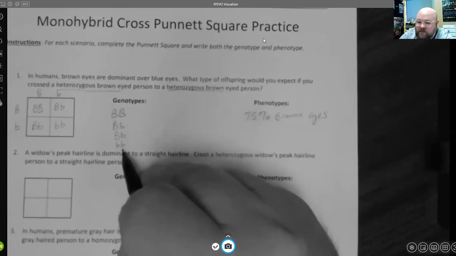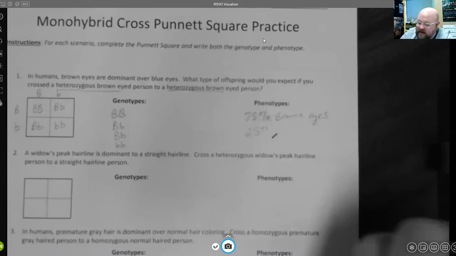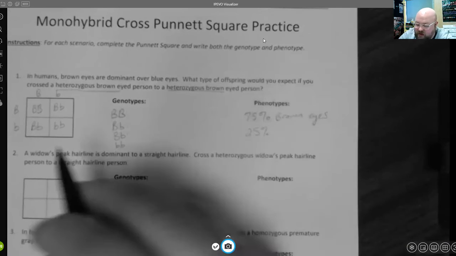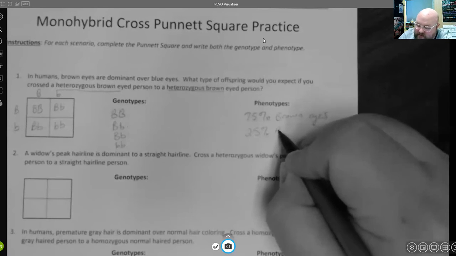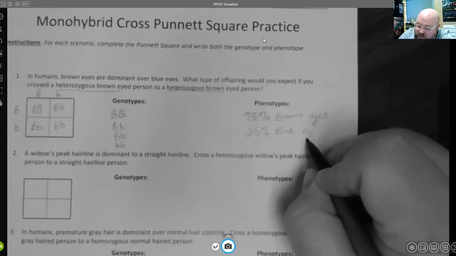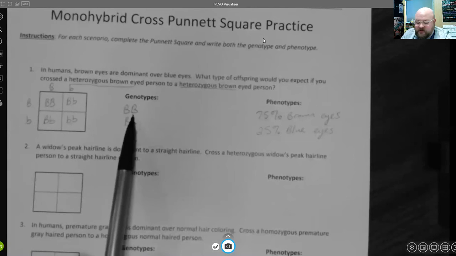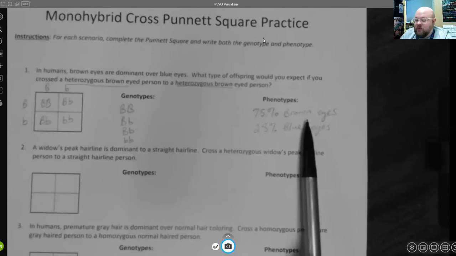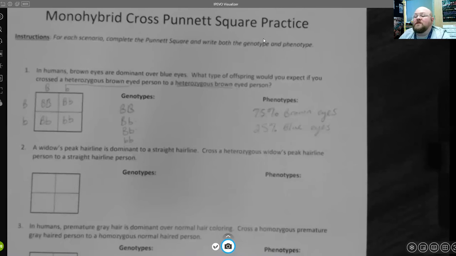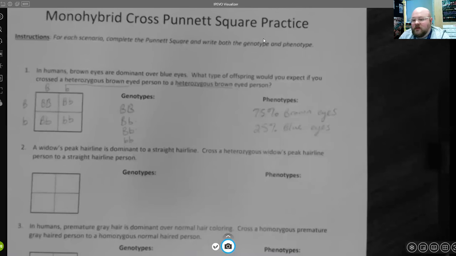That leaves us with a 25% chance of having what the question said was the recessive one, and that's blue eyes. So if you look here, the genotypes are just these written out letters. Phenotypes are what you're actually going to physically see and what are the probabilities of seeing that.